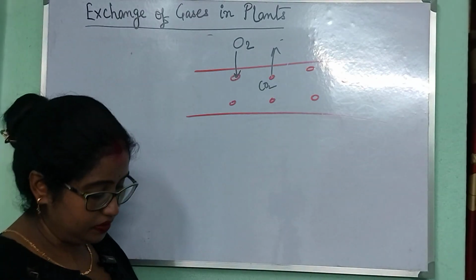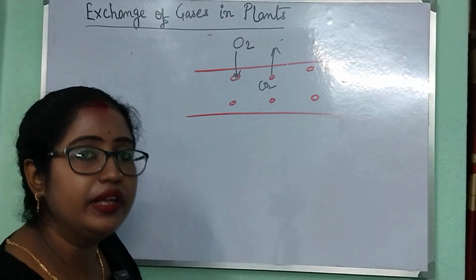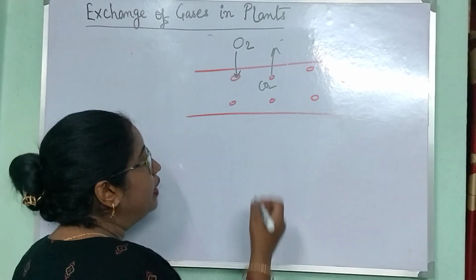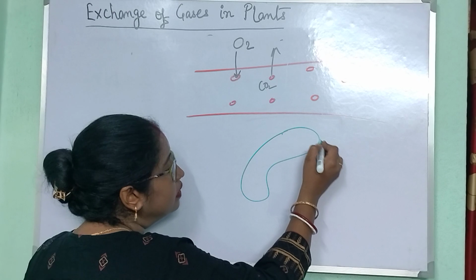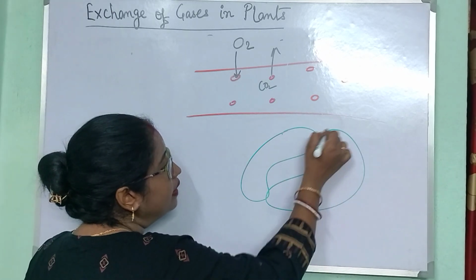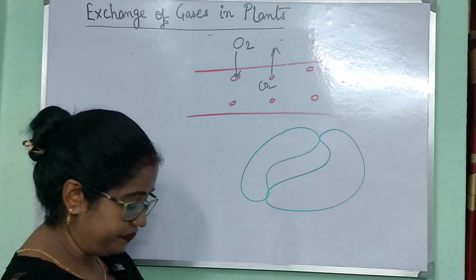In leaves or in green stems, what happened is these stomata that are guarded by these guard cells.